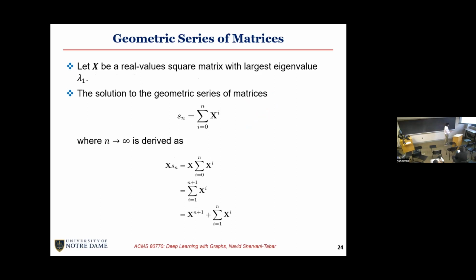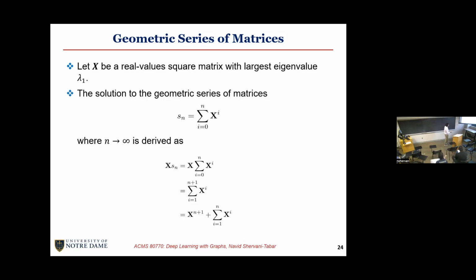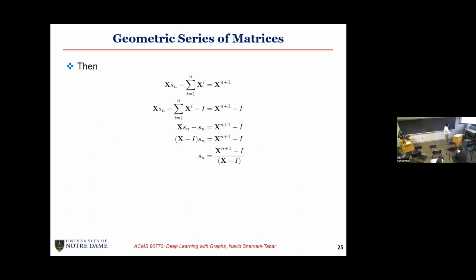We can take that out of the summation, not factor it, just take it out. It's going to be X to the n plus 1 plus this summation. So the difference is that we are lacking an I here, right? So we can add that I back. We take this to the left-hand side, and we add I with a negative sign this time.